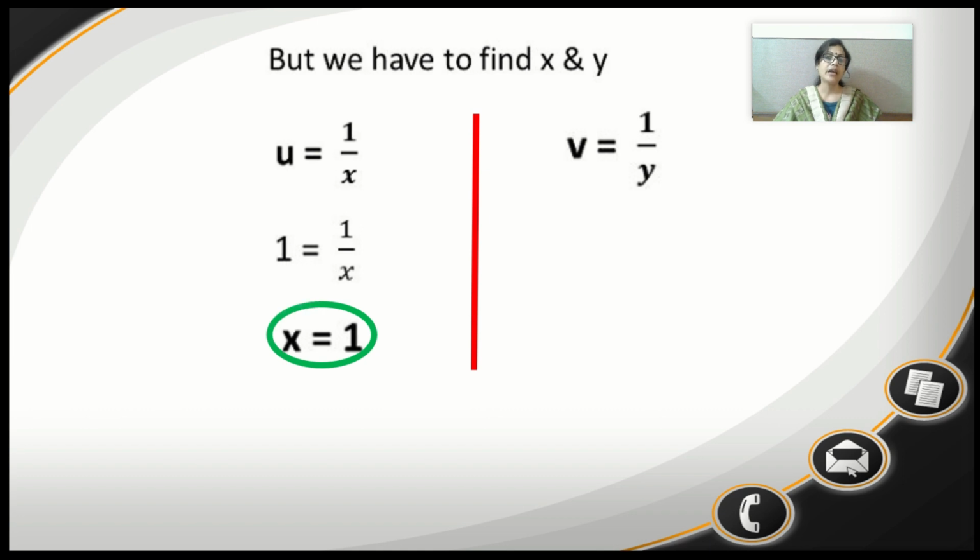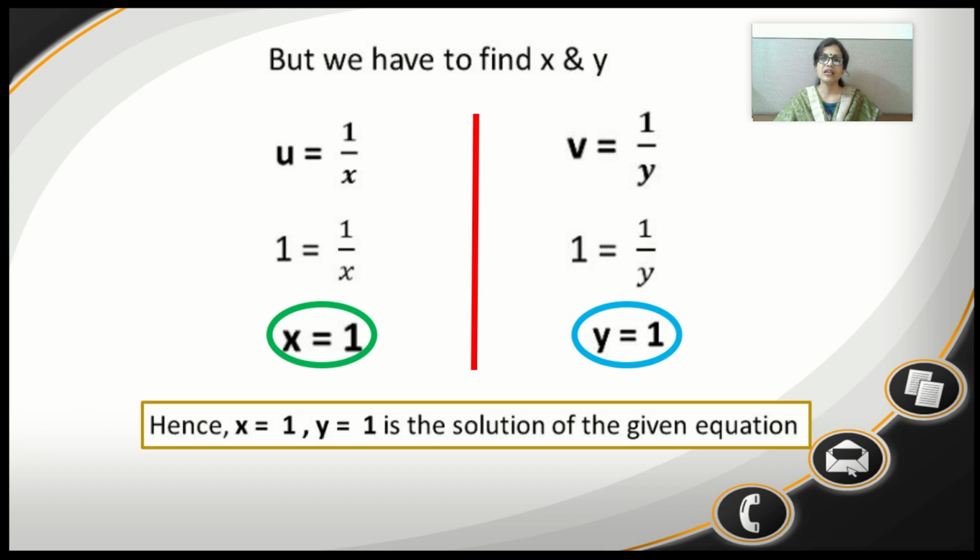Similarly, we have calculated the value of v as 1. So 1 is equal to 1 upon y. So that will give us y is equal to 1 and this is our second value. And so we can say that our final answer is x is equal to 1 and y is equal to 1 is the solution of the given equation.